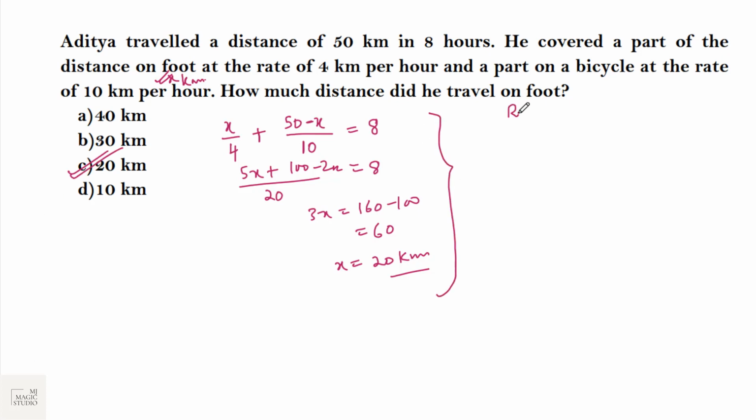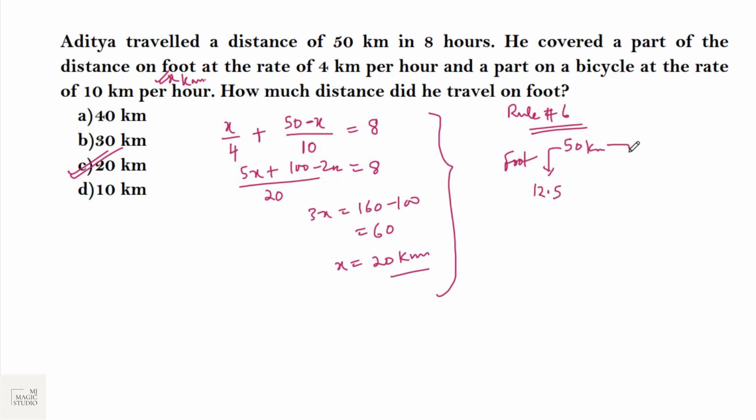If you want to use our rule 6, the jungle rule, then we can very easily find this value without actually solving the equation. So how to do that? Suppose the entire 50 km he travels on foot. So the time taken by him would be 50 by 4, that is 12.5 hours.